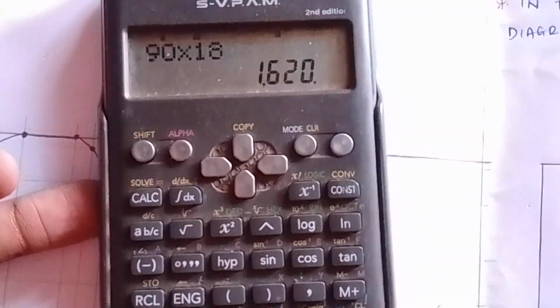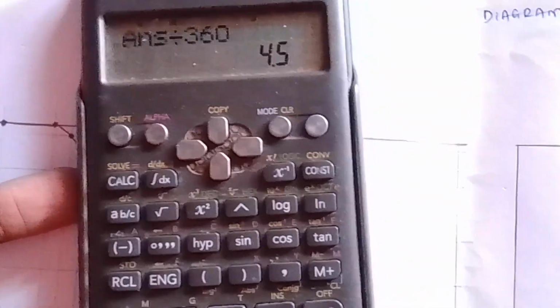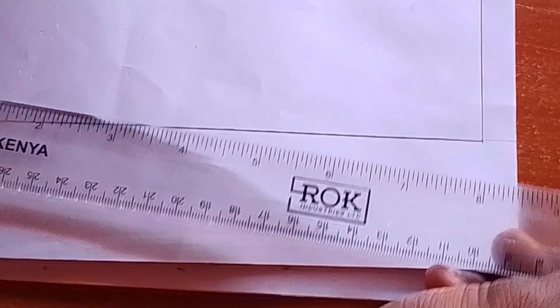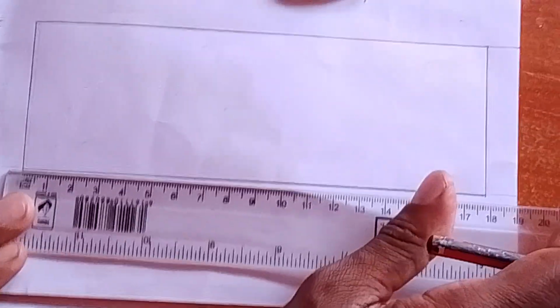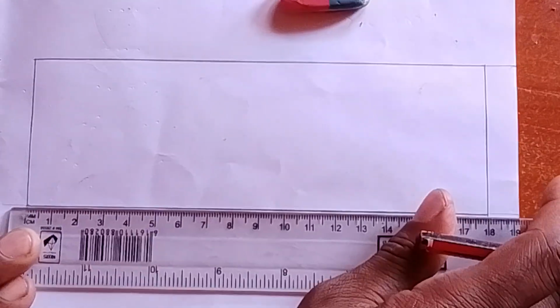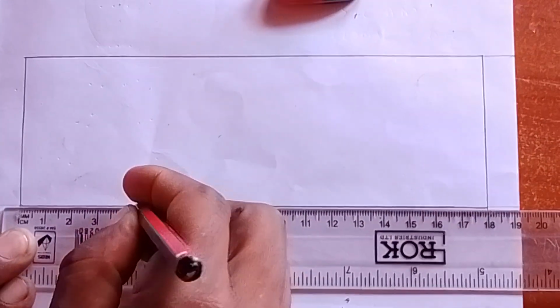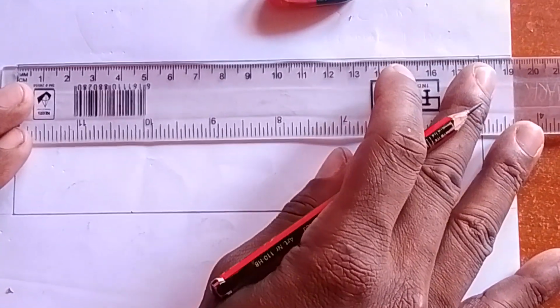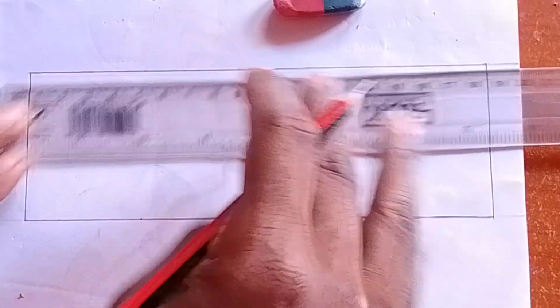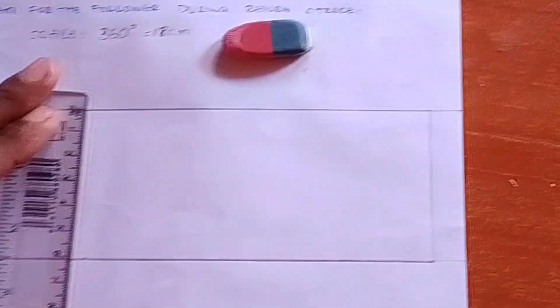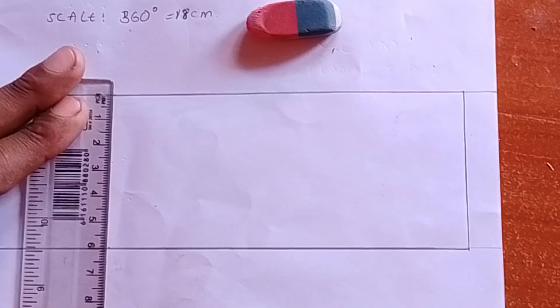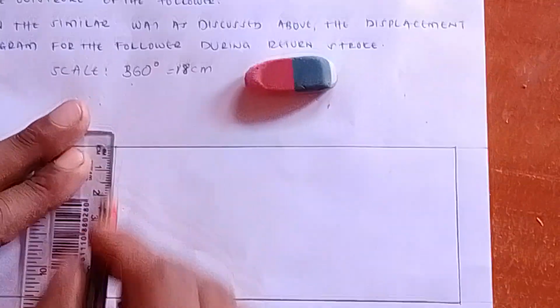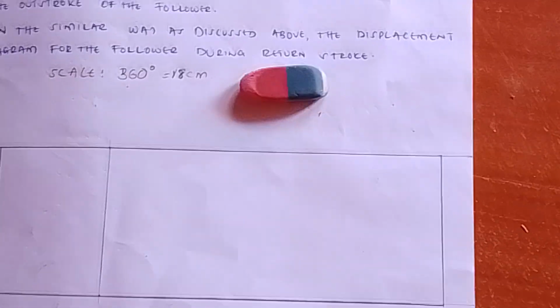It will be 90 times 18, divided by 360, which is 4.5 centimeters. So stand here, look for your 4.5 centimeters at this point, and label 4.5. Again, stand at this point and label 4.5, because you have been told the outstroke is 90 degrees. We have converted these 90 degrees into actual centimeters so that we can construct. Then draw a line like that.